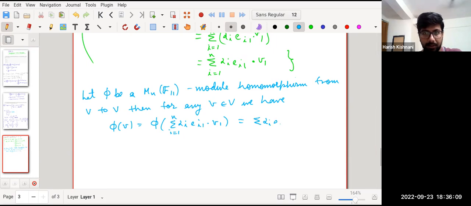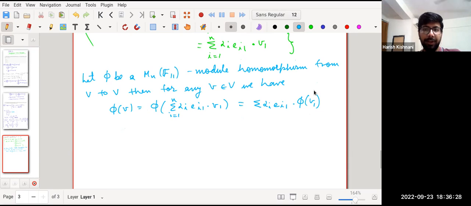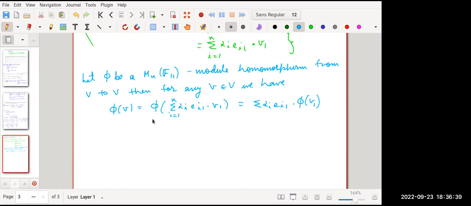This is a scalar as far as we are considering the module structure, so you can take this scalar out, and this is phi of v1, right? So what you get is that the image of v1 will determine the image of all other elements. Okay. Yes, sir. Okay, great.